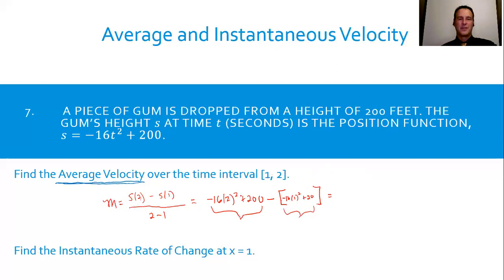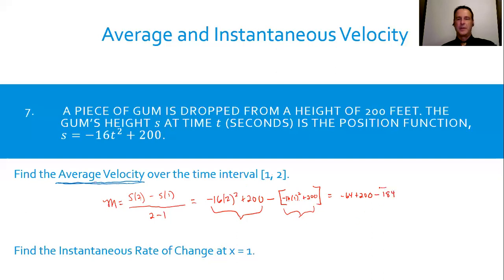Okay, so this will be negative 16 times 4 is negative 64. Okay, plus that 200. Okay, minus, sorry, I forgot my 0. Negative 16, because 1 squared is 1, times negative 16, it looks like 184.